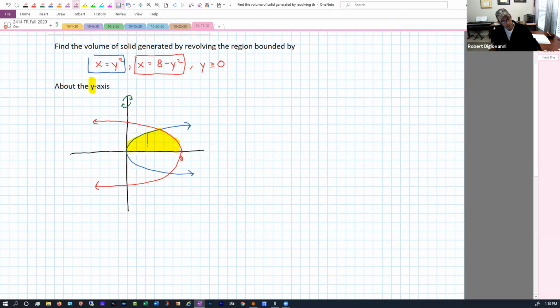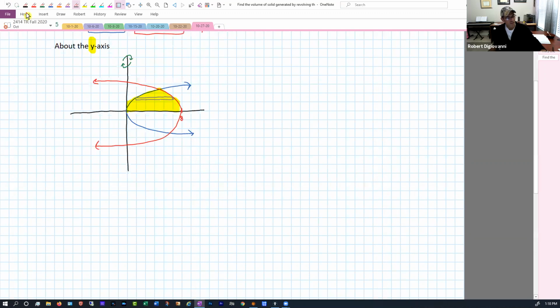Look, if I do a vertical rectangle, then I'm supposed to wrap that around the x-axis to create the washer, right? But we don't want that. We want it actually to be the other way around. We want to wrap this thing around the y-axis. So it makes sense for us to draw a rectangle this way instead, and then wrap it around, right? Wrap it around.